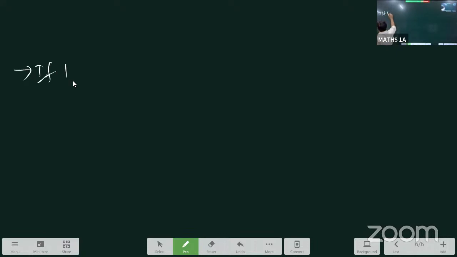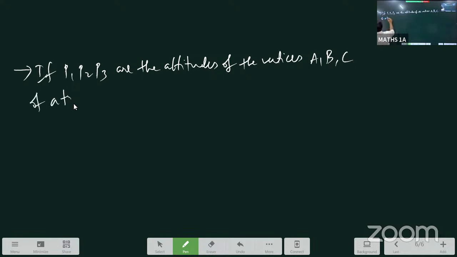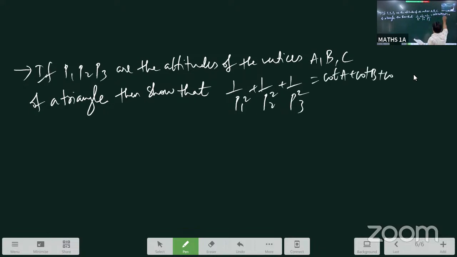If P1, P2, P3 are the altitudes of the vertices A, B, C of a triangle, then show that 1 by P1 square plus 1 by P2 square plus 1 by P3 square is equal to cot A plus cot B plus cot C by delta.